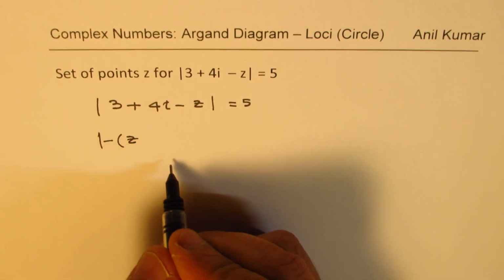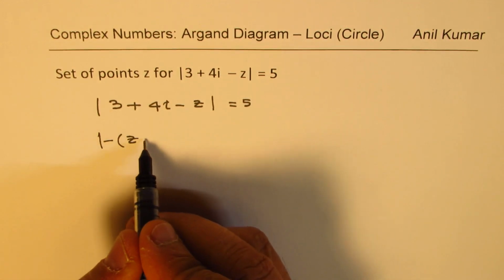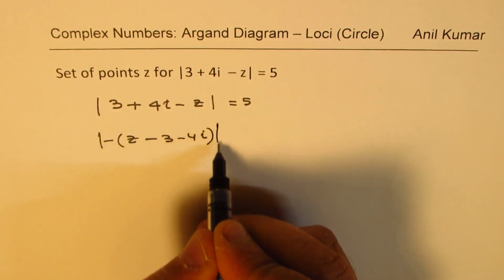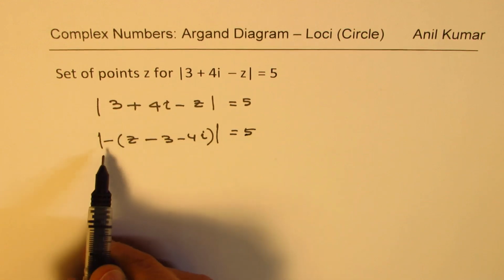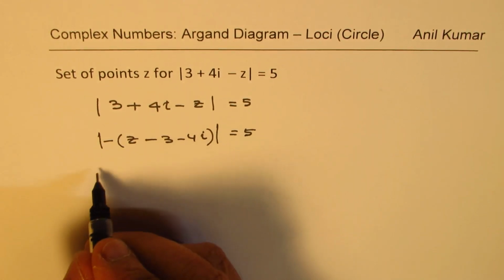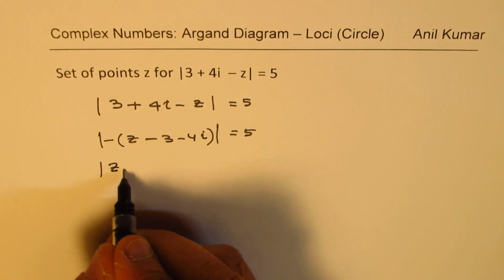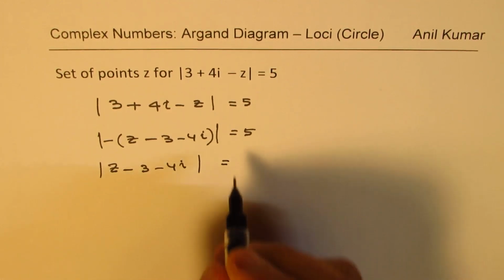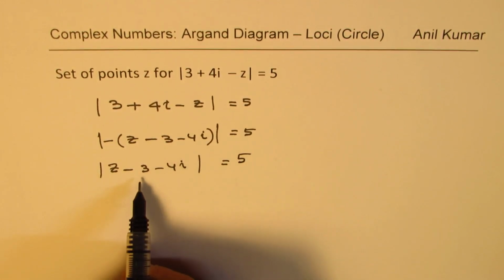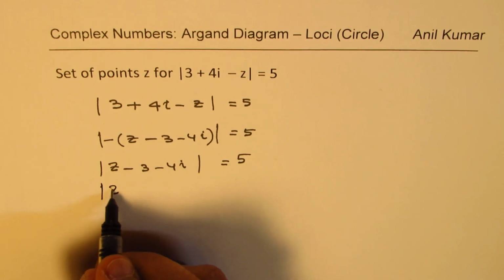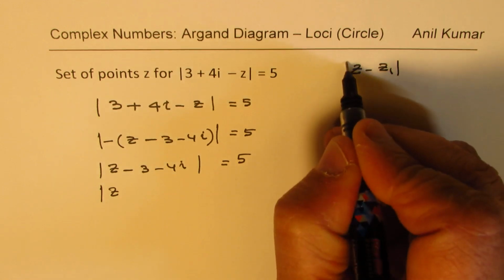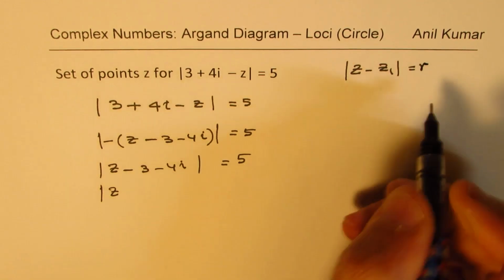So we get z minus (3 + 4i) equals 5. Now, the absolute value of a negative is always positive, so I could write this as |z - 3 - 4i| = 5. Actually, I should be writing it in terms of |z - z1| = r. That's the whole idea.